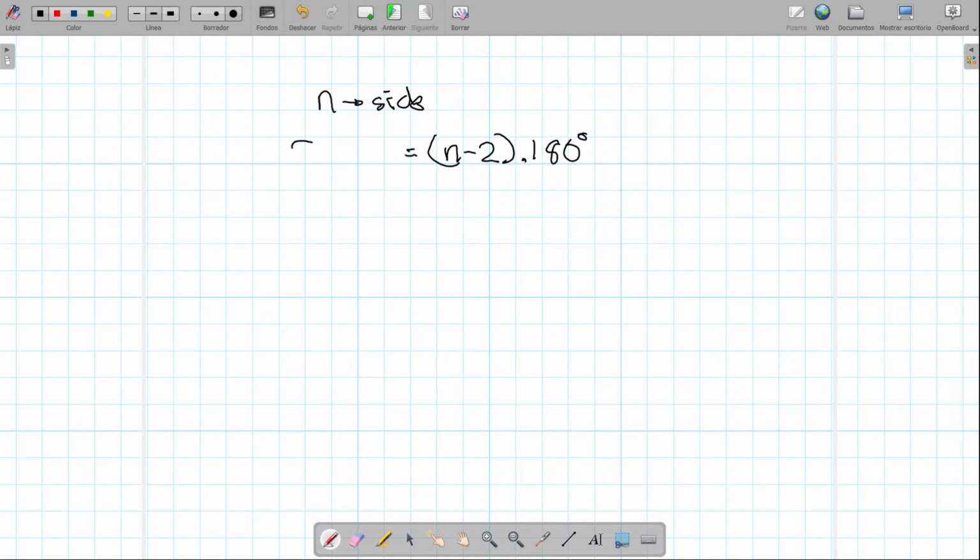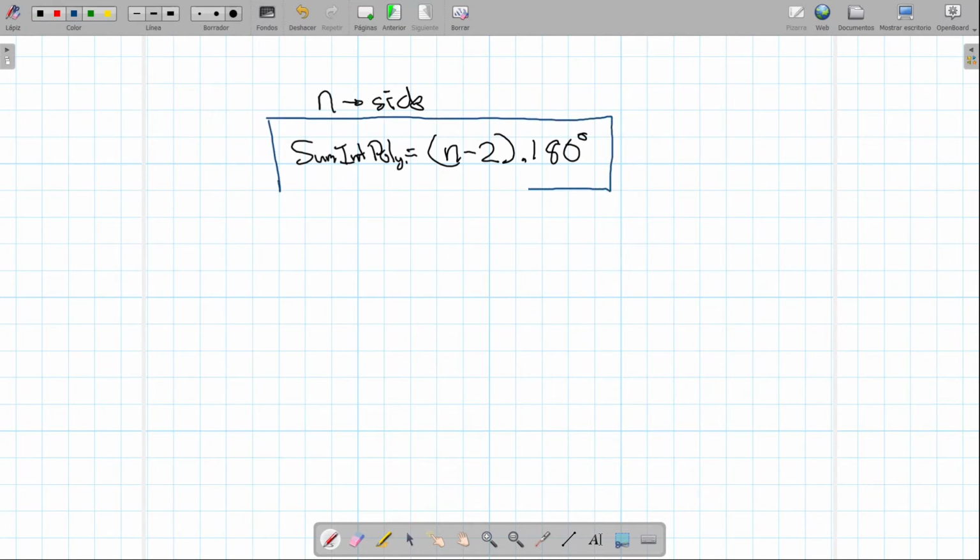So the sum of the interior angles of a polygon is n minus 2, which is the number of triangles I can create, times 180, where n is the number of sides.